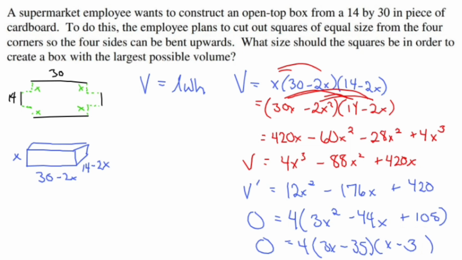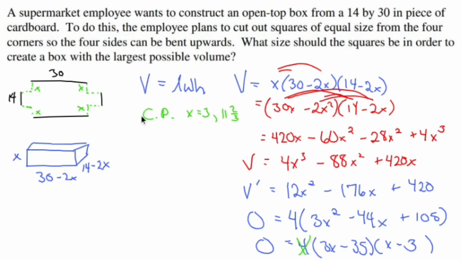So my critical points so far, if I set these each equal to 0, first off, 4 means nothing. If I set that equal to 0, one of my critical points is 3. If I add 35 and divide by 3, that gets me 11 and 2/3.